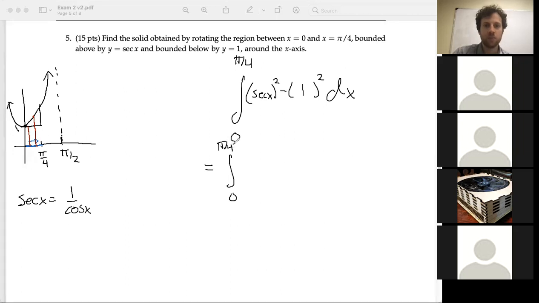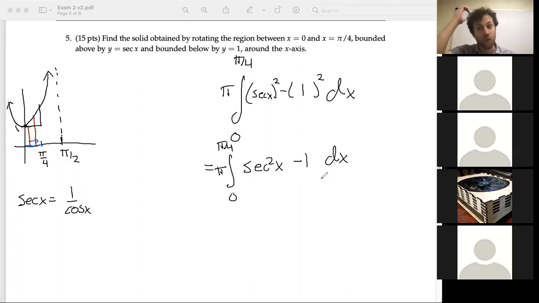So cleaning this up a little bit, sorry, there's also a pi in the front. This is pi times the integral of secant squared x minus 1 dx. So there, we'll go through integrating this, but are there questions about getting this set up?